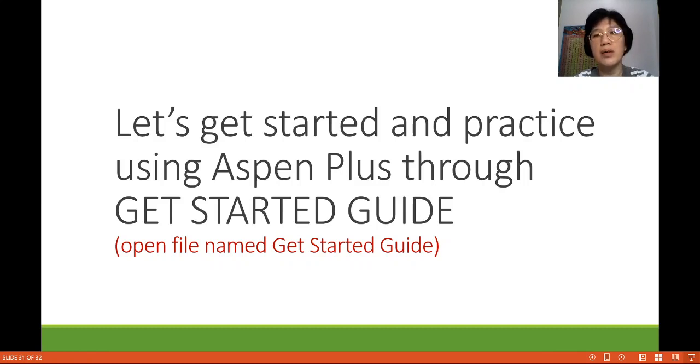I think meanwhile you can also refer to my demonstration to get a better understanding. Of course, for the first time you follow the guide, but if you are familiar with the software later on, you can actually develop your own method to get the simulation done faster.